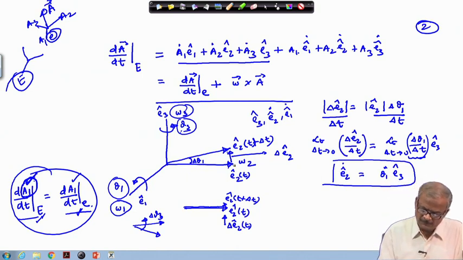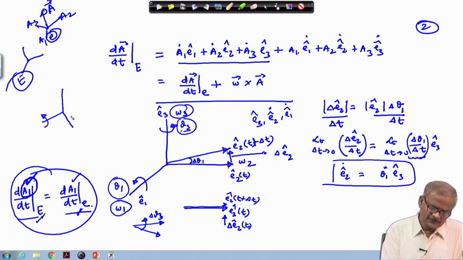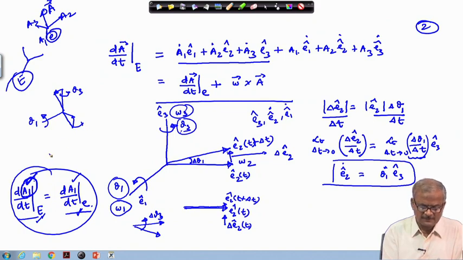So, if I show it like this, one rotation I have given about this, so this is going like this, and accordingly it will go from this place to this place. The other, if you rotate about this one by theta 3, where here you have rotated by theta 1, this will go from this place to this place, and this will come from this place to this place.